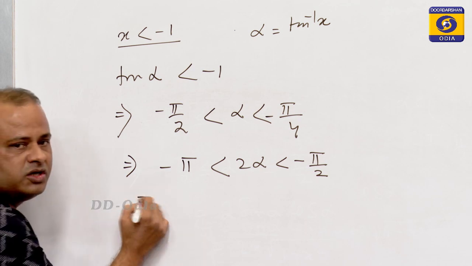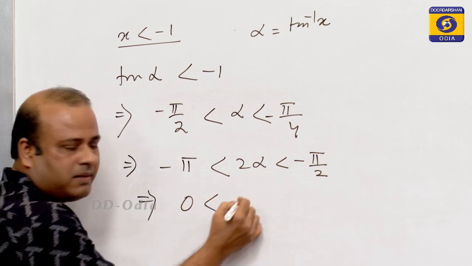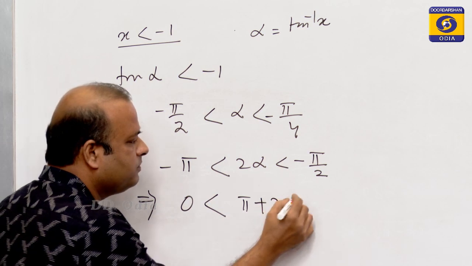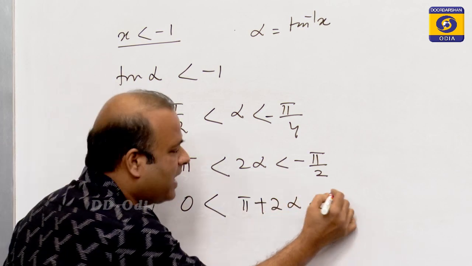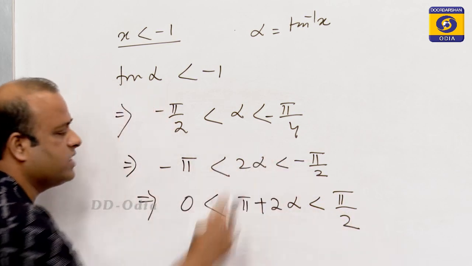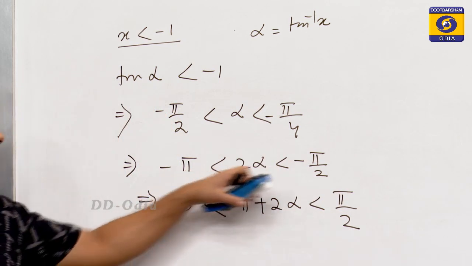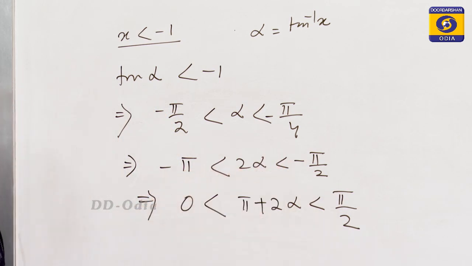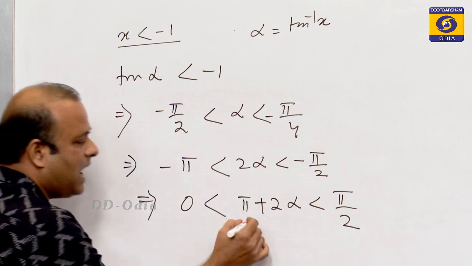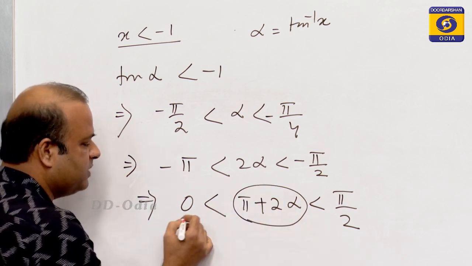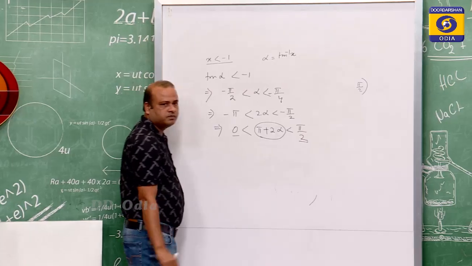This implies 0 less than pi plus 2 alpha less than pi by 2, adding pi both sides. Now pi plus 2 alpha lies between 0 to pi by 2.